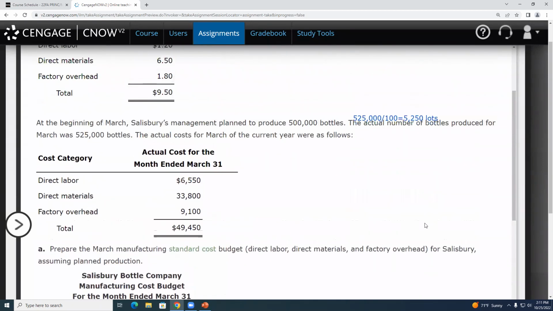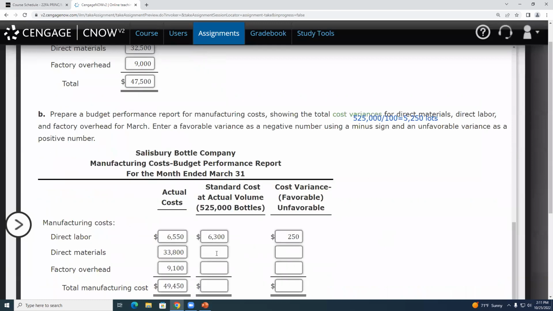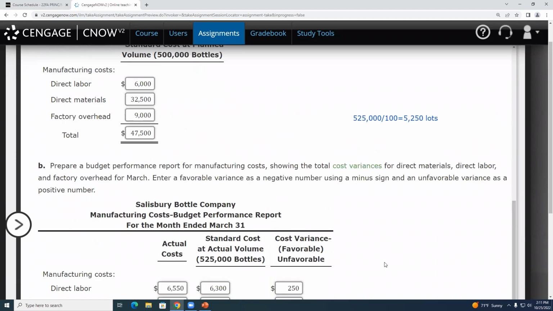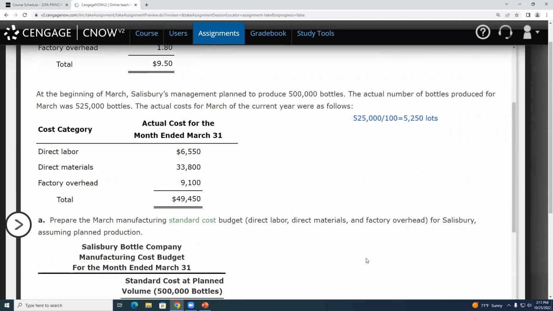Going to do the same thing for direct materials and for overhead. The 5,250 lots at $6.50 for direct materials. And $1.80 for overhead.